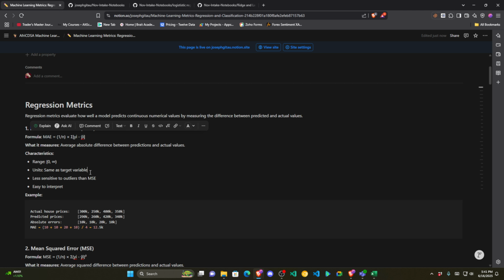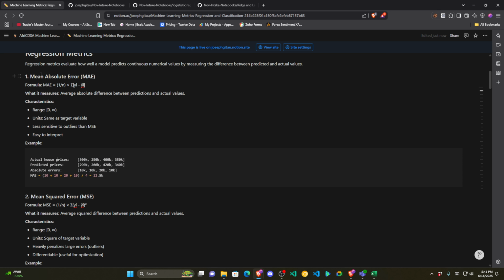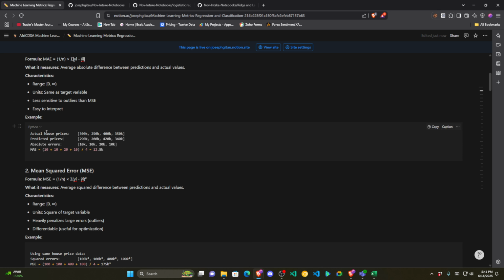Okay, let's proceed. An example for calculation of mean absolute error will be this. We've got our actual house prices over here. First house price is 300, second 250, third 400, and fourth 350k. Then the predicted house prices are 290k, 260k, 420k, and 340k.